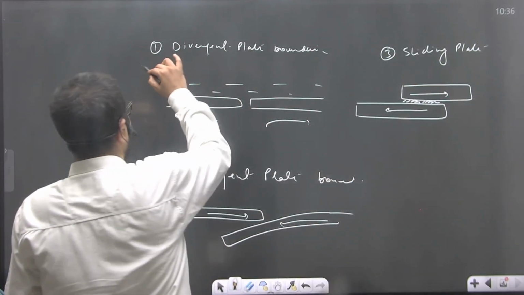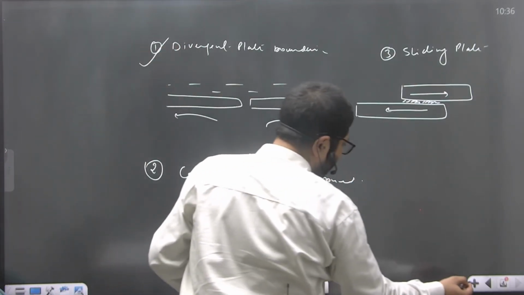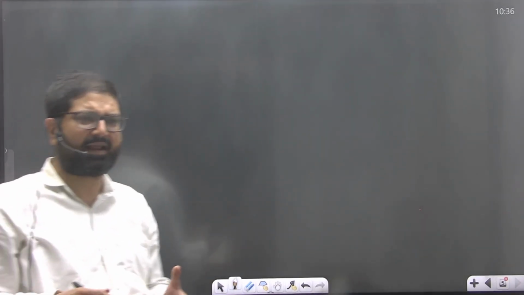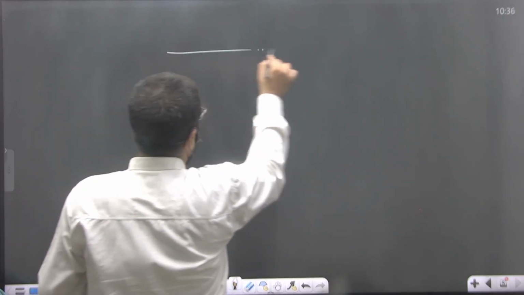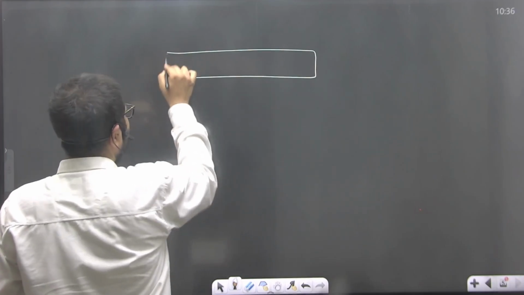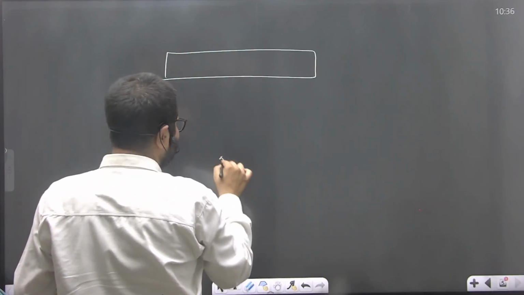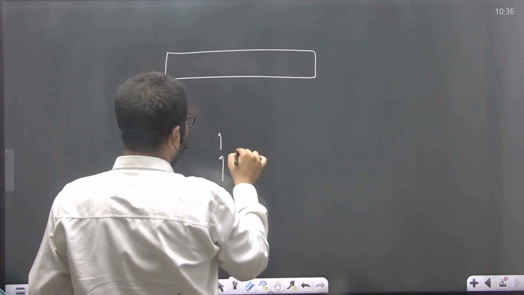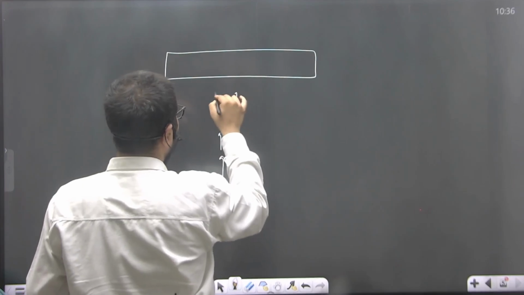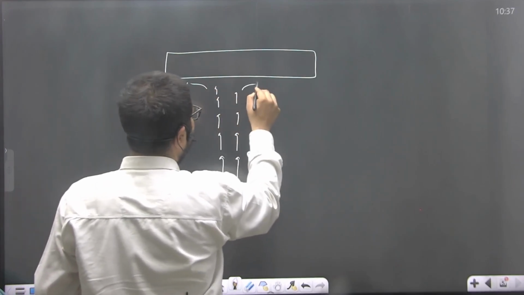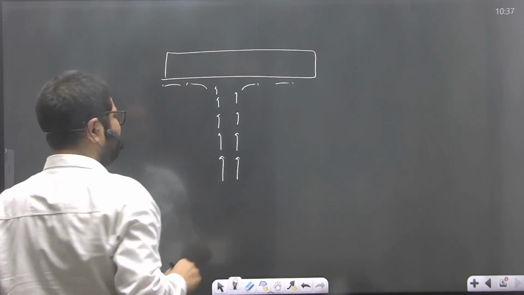First, divergent plate boundaries. How do they get formed? See, divergent plate boundaries can get formed on ocean floor also and on continents also. Suppose this is a continental landmass. Wherever rising thermal convection currents are found, the divergent plate boundaries come into existence.